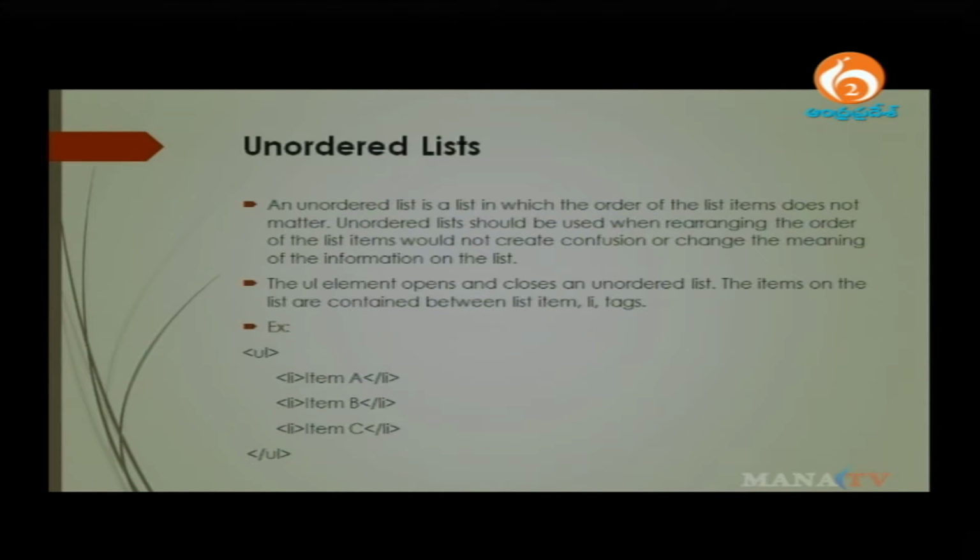In an unordered list the order of items does not matter. Suppose there is a set of items, where which comes first and which comes later does not matter. If somebody asks what languages I know, I will say Telugu, Hindi, English, Tamil, Kannada, the 4 or 5 languages that I know.